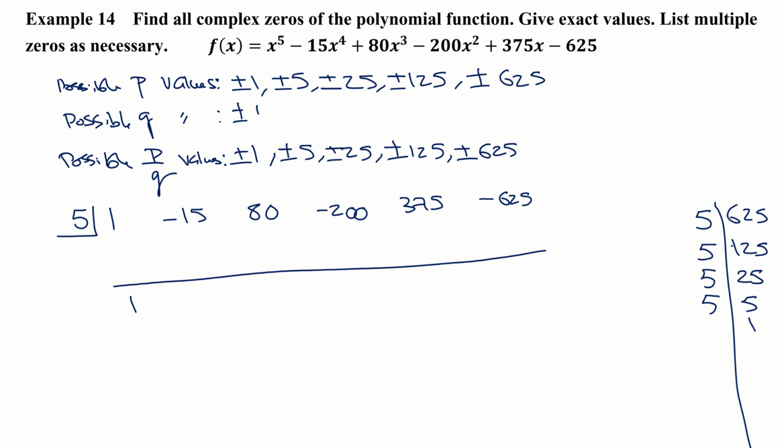Now the 1 drops down. 1 times 5 is 5, and negative 15 gives negative 10, times 5 is negative 50. Added to 80 gives 30, times 5 gives you 150. Combine those with negative 200, you get negative 50. 5 times negative 50 is negative 250.